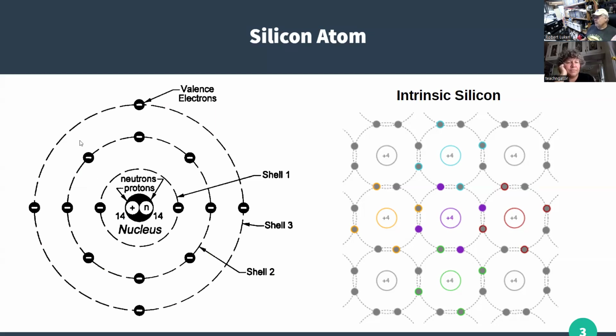So an atom is neutral as long as it hasn't lost or gained an electron. So if we look at the crystalline structure over here, you can see all these silicon atoms are all very happy, and they're sharing electrons in that outer shell, and it makes really nice, pretty white crystals.